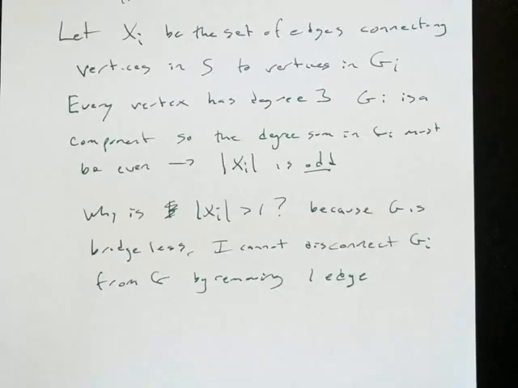Hey, wait a minute. G1 through GL, right? There were L odd components. I had to have taken away at least 3 edges each time.